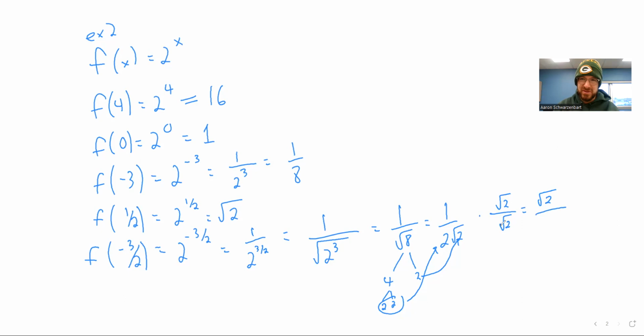Square root of 2 over 2 times square root of 2 times square root of 2 is 2. So square root of 2 over 4. So to rationalize, I multiplied by, right here, a clever name for 1 that gets rid of my radical in the denominator.